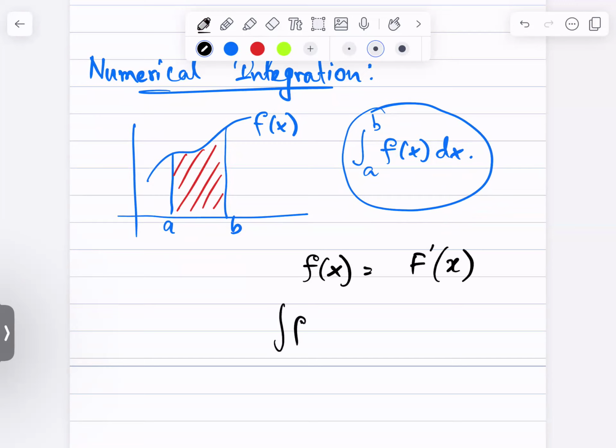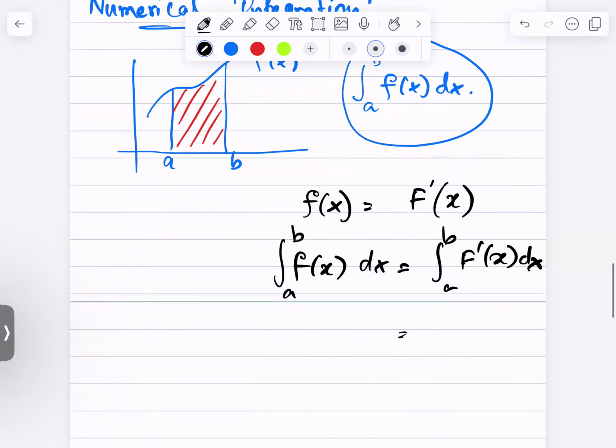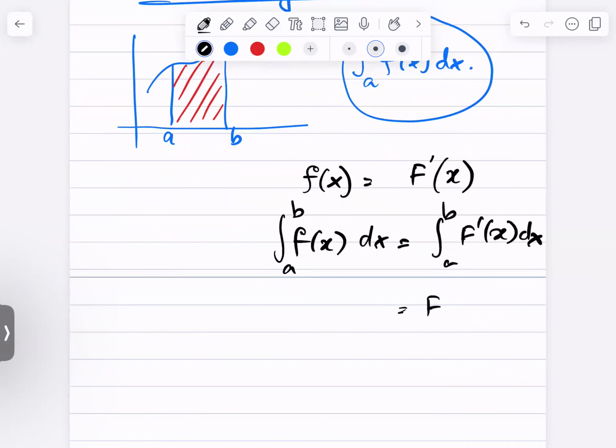And then you can just take integration on both sides like this. And then we know that integration and derivative are sort of reverse processes, up to some assumptions. Then this will be just F(b) minus F(a), right?